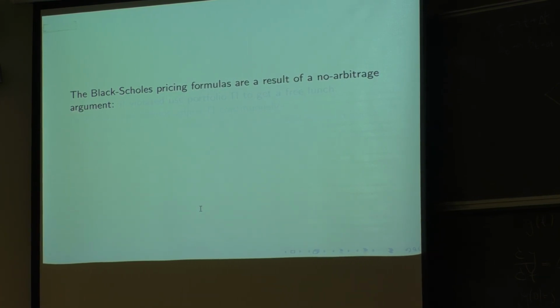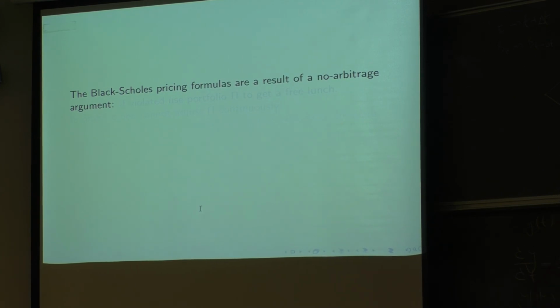It had the same values in all states of the world. At that point I said, since the value of this portfolio is known in advance, then the value now must be the present value of the portfolio after one step in time. When we made this argument, that's where we're using a no arbitrage argument.